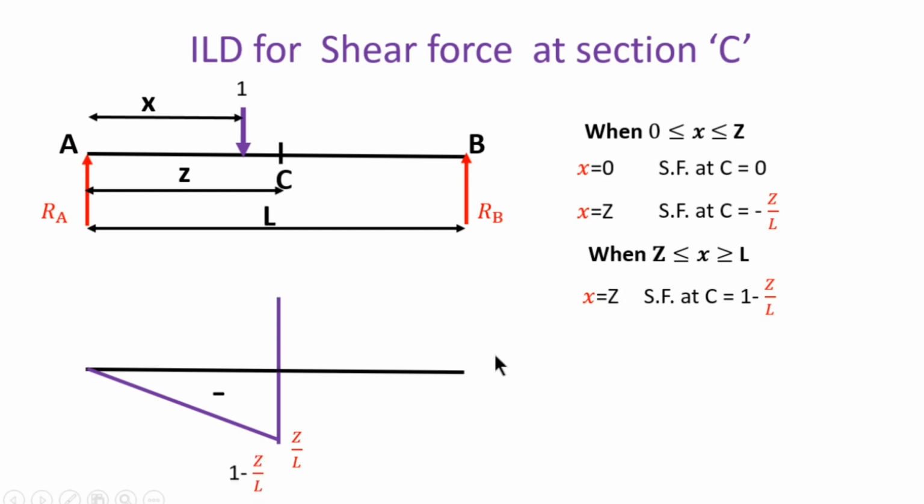So here 1 minus Z by L, at this Z location the ordinate is 1 minus Z by L. Now next, x is equal to L, the shear force is equal to 0. So join this 1 minus Z by L to the 0 in this way, and this is positive. So this is the influence line diagram for the shear force at section C.